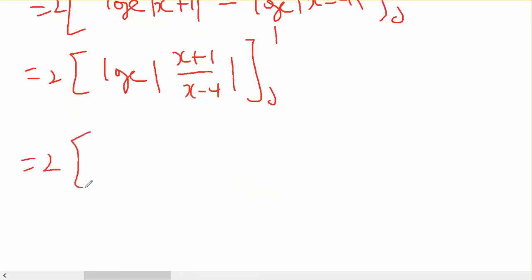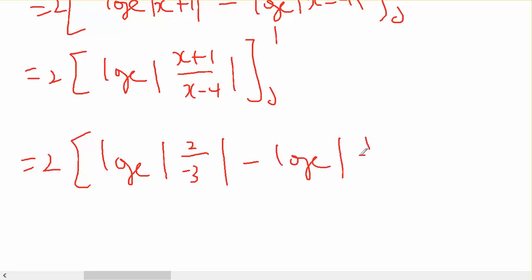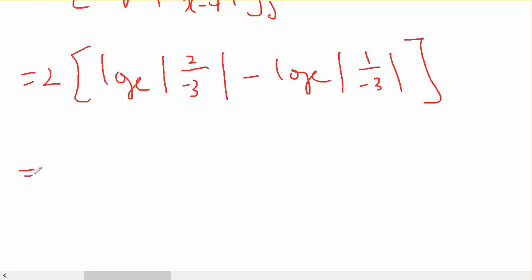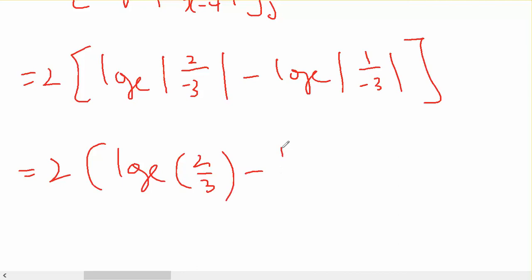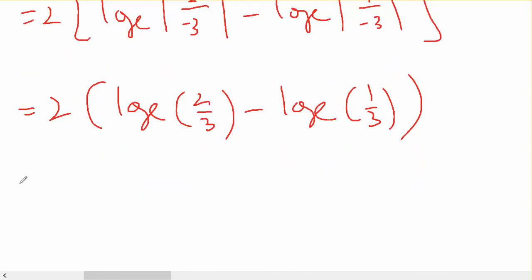which is 2 log base e of, putting in 1, that gives me 1 plus 1 is 2 on top of negative 3 minus log base e of 1 on top of negative 3, which is 2 log base e of 2/3 minus log base e of 1/3, which is 2 log base e of 2.